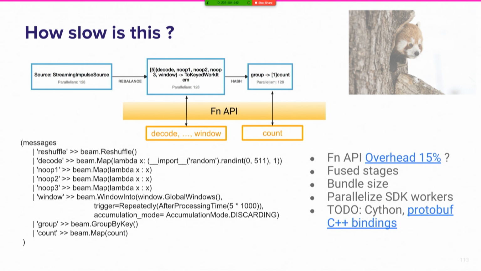One question that keeps coming up is what's the performance of this? With the FN API, all this chatter between SDK worker and runner, how fast or slow can that be? Well, first of all, we are talking about running Python code, so we shouldn't expect stellar throughputs, just what we can do with Python. But nevertheless, it's good to understand what the overhead is.